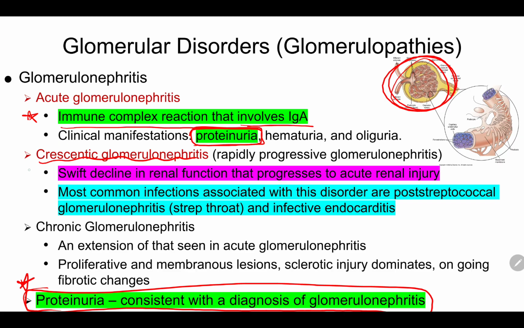And so the characteristic you need to understand about this is, number one, there is a swift decline in renal function that progresses to acute renal injury. And the most common infections, right, will be post-streptococcal infections, right? So meaning if a person has strep throat, it can then lead to this crescentic glomerulonephritis, okay?